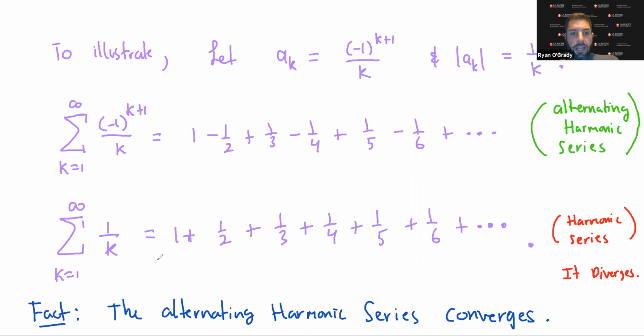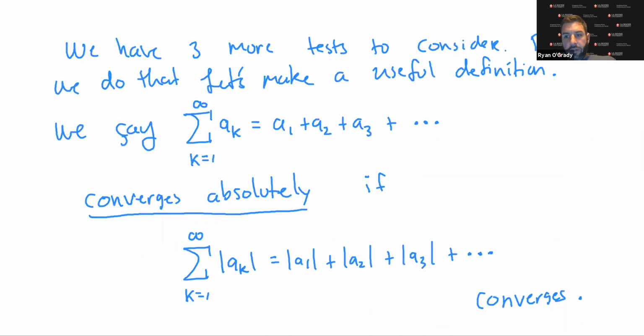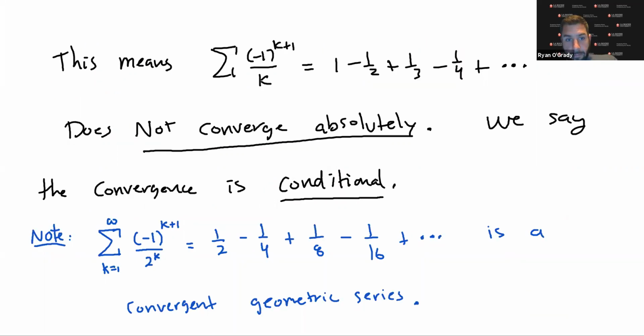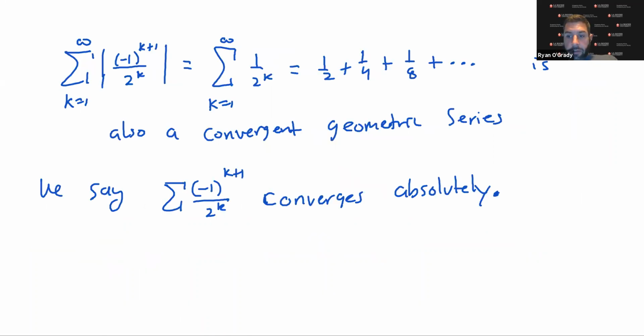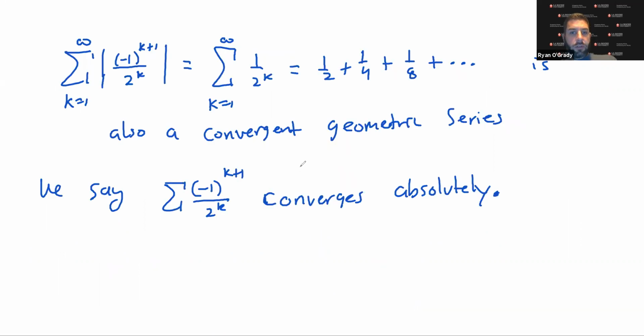And so what we're saying then is that this alternating harmonic series is not absolutely convergent. It doesn't fit this definition. So it's not absolutely convergent. However, this series right here turns out that it is absolutely convergent, because it satisfies the definition.